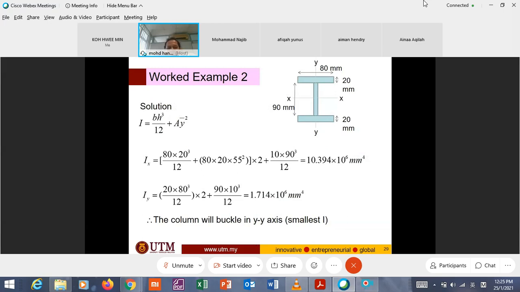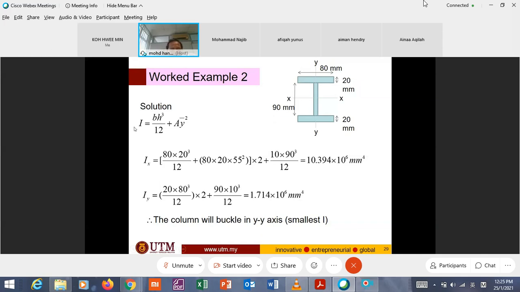This is how to calculate the moment of inertia, which is not our scope of lecture, because we covered this topic last year, in first year. So I don't have to go into detail.